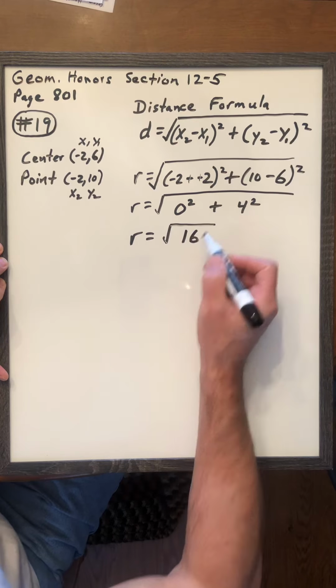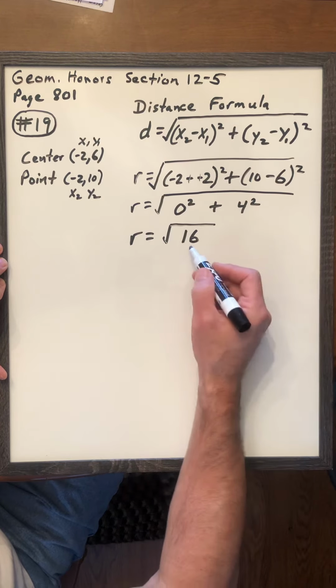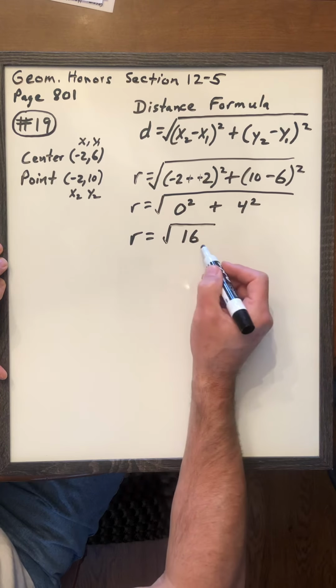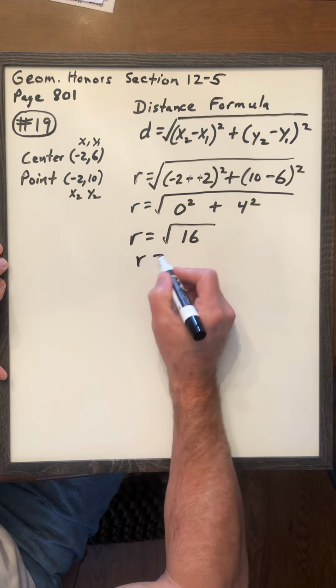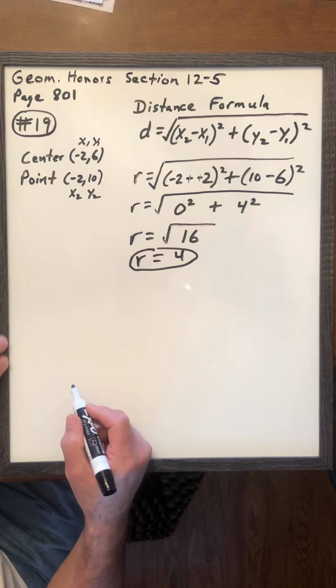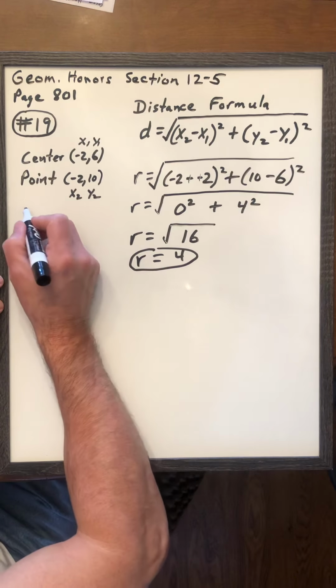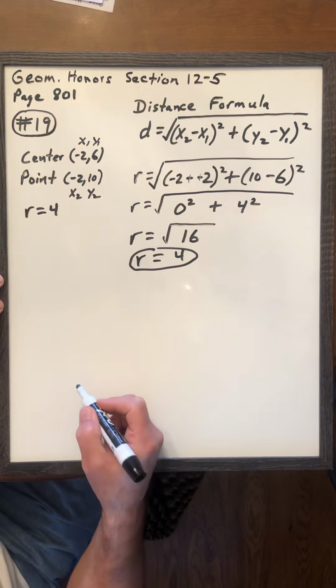So we end up with just 16, because 0 plus 16 is 16. Now I can take the square root of that, and my radius equals 4. My radius is equal to 4.